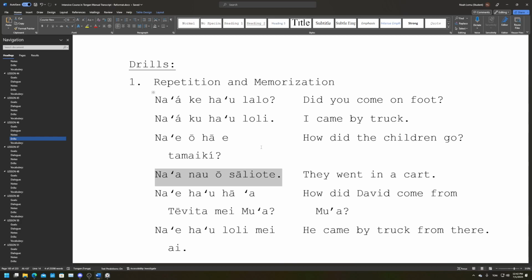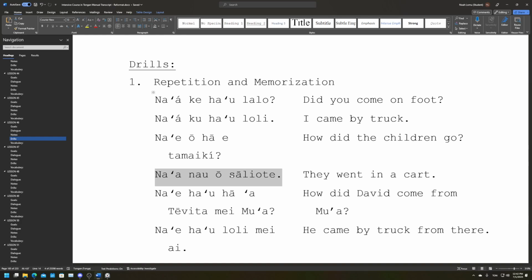Yeah, so this is the Tongan word for chariot. When I was in Tonga, I didn't really hear people say saliote very much. A lot of the time people referred to their car as saliote, so it's sort of a third way to refer to a car.